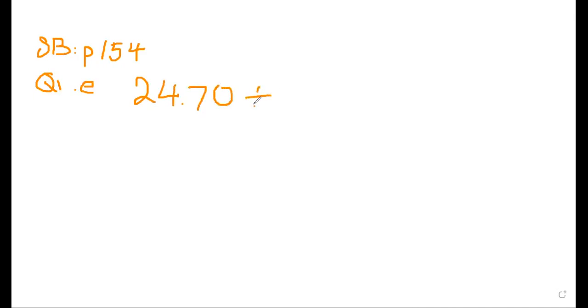Letter E is 24.70 divided by 19. Okay, I will use the box method so that you will be used to it. We have how many digits? We have 1, 2, 3, 4.